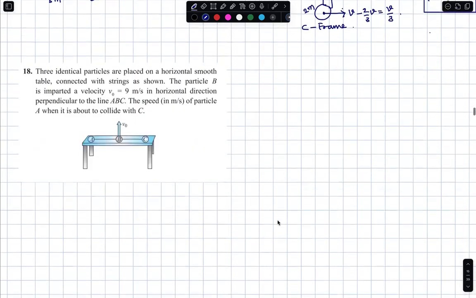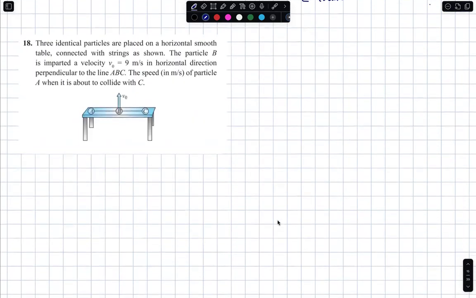Right. Three identical particles are placed on a horizontal smooth table connected with the strings as shown. The particle B is imparted a velocity V0 equal to 9 meter per second, in the horizontal direction. You see the entire thing is on the table, which means actually this is a wrong picture.